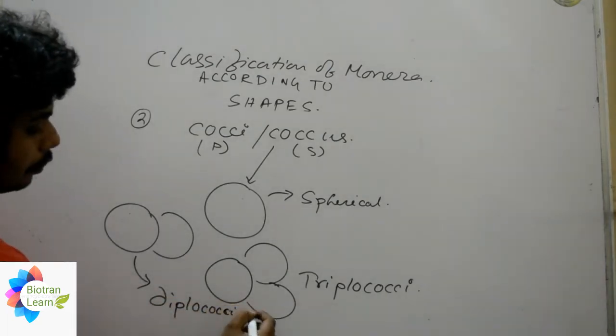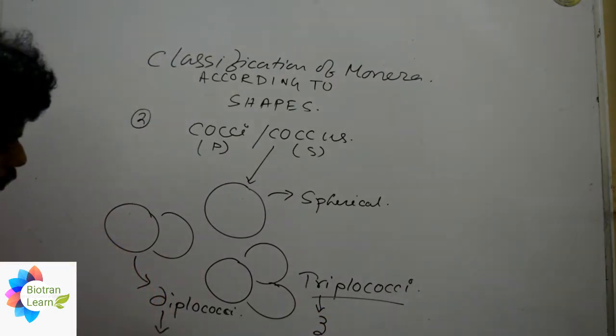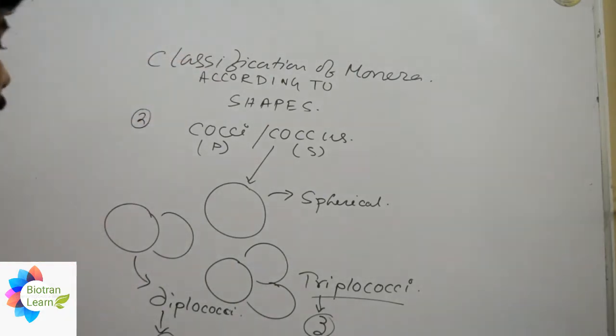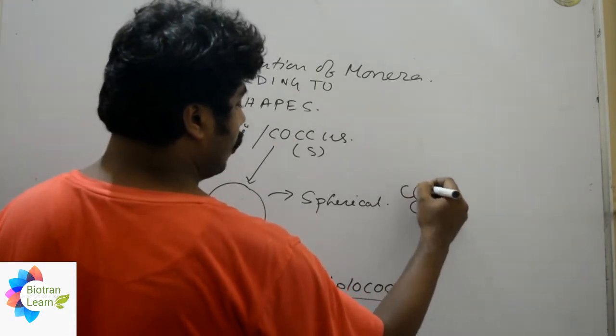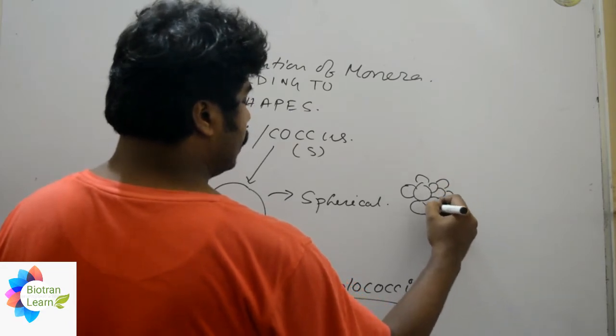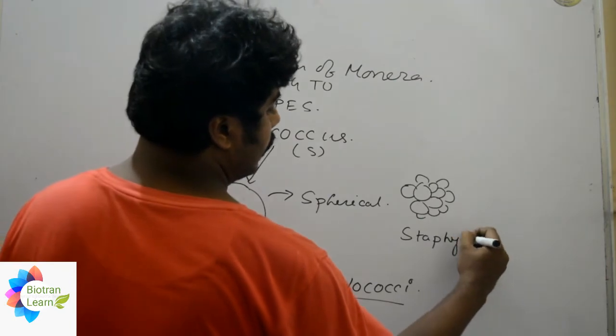Tri means 3 and di means 2, right? So this is how diplococci or triplococci look like. Or we may have a grape-like structure of colony like this one. This colony will be known as Staphylococci.